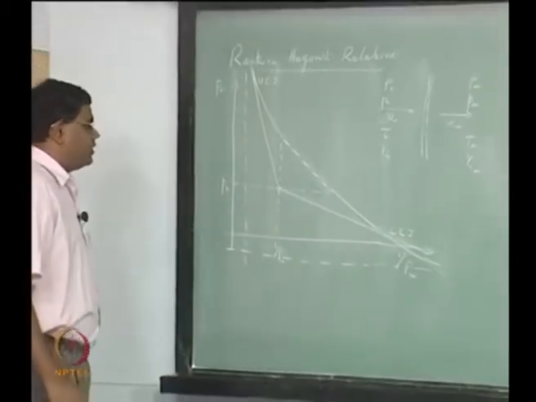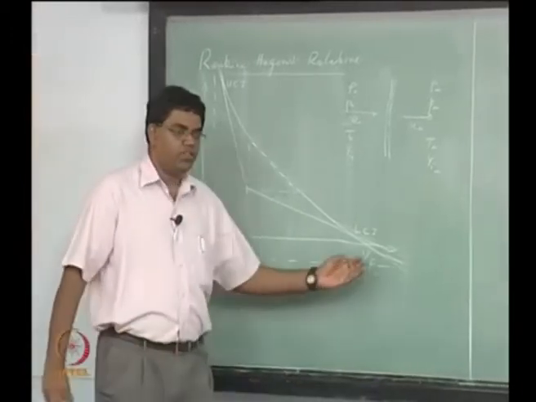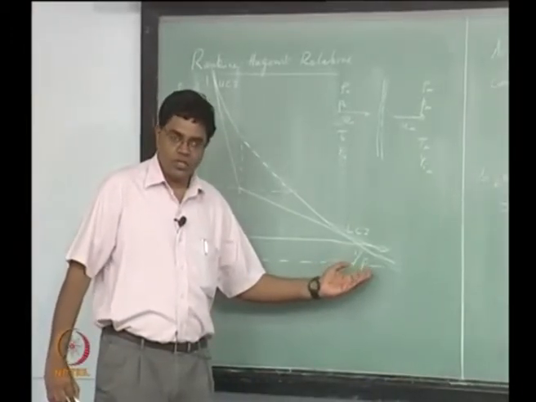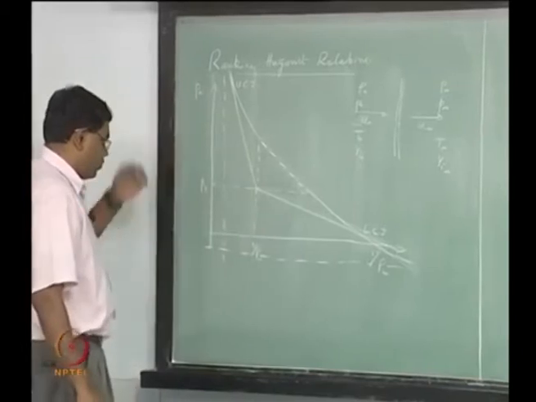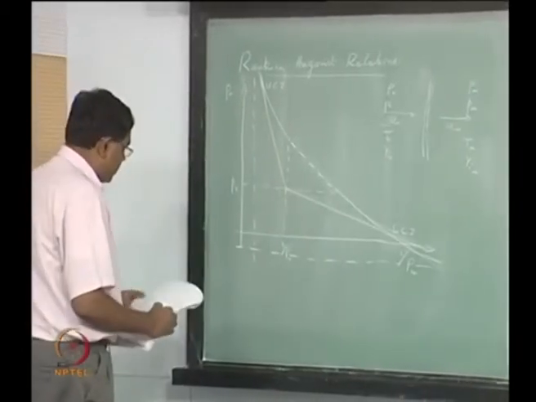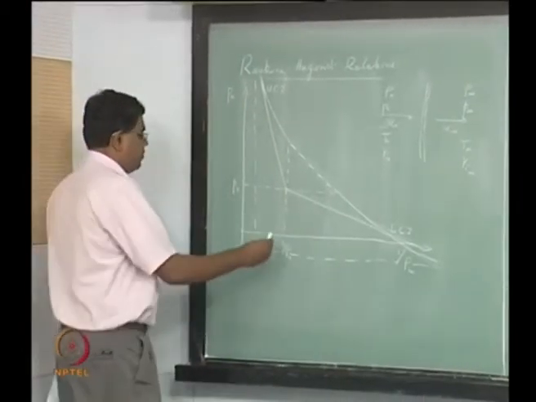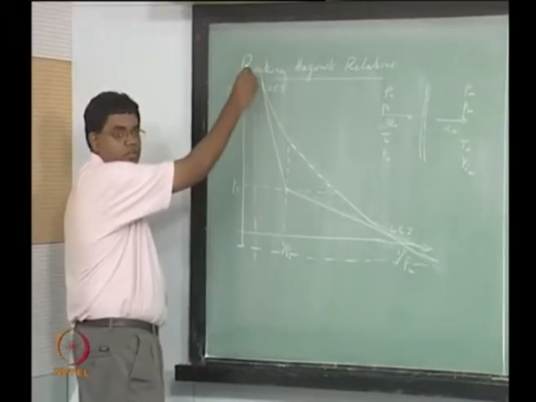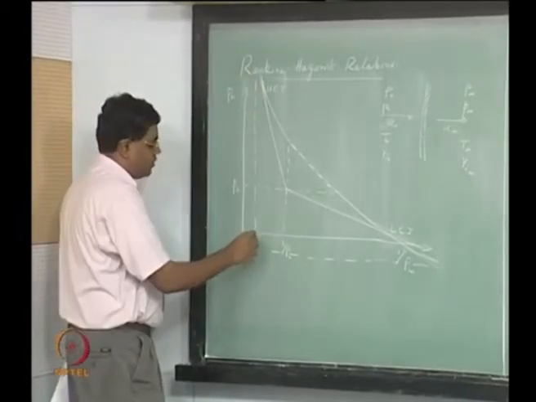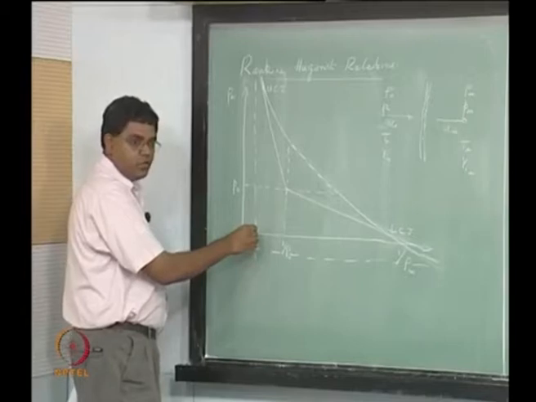You can find that by plugging in p infinity equal to 0 in the Rankine-Hugoniot relation, and then solving for 1 over rho infinity to get an expression. The lowest value is when p infinity becomes infinity, which corresponds to the value of the asymptote.